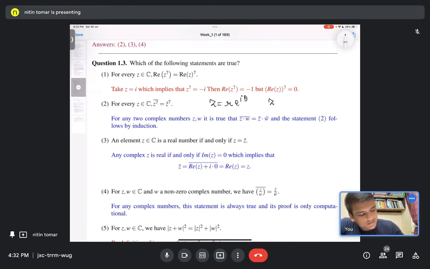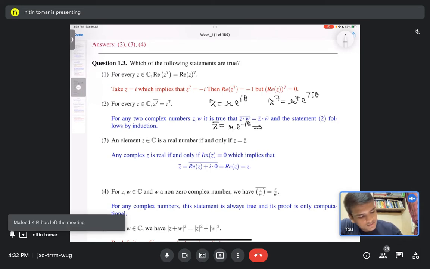Then z^7 will be r^7 e^(7 iota theta), and z bar will be r e^(-iota theta).